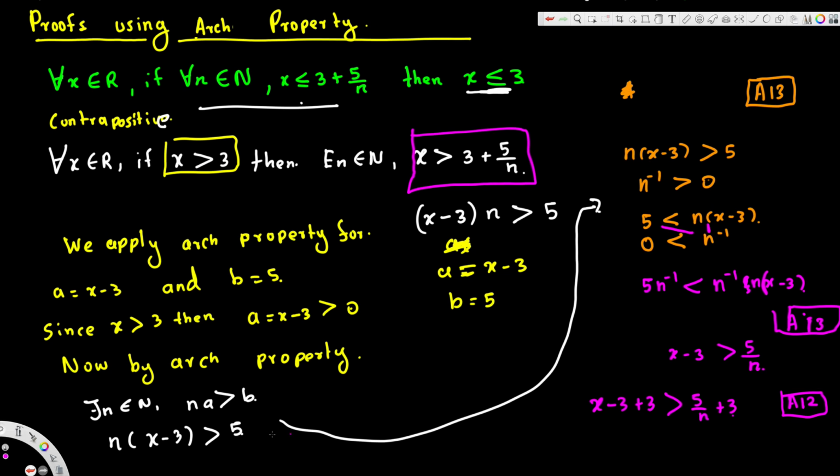When you add this, the minus 3 cancels, and you end up with x is greater than 5 over n plus 3, and that's what we want to prove. So we proved the contrapositive. If we prove the contrapositive, that automatically means the statement is also correct. And that's how we prove something using the Archimedean property.